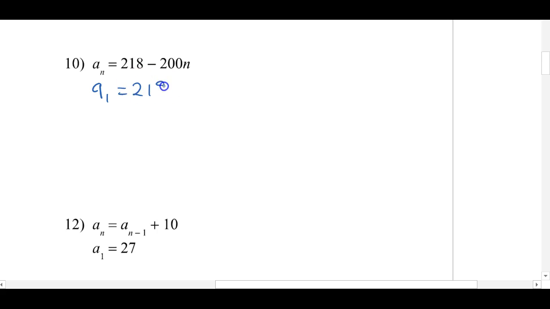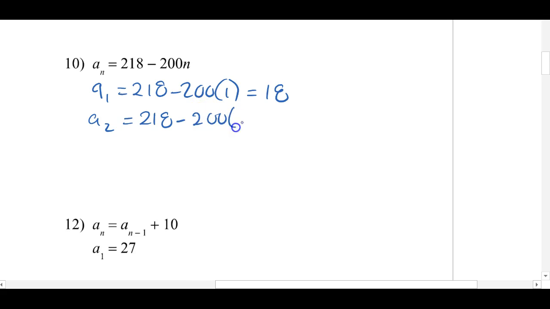Okay, so 218, I want to know the first term. So plug in 1. So really it's just 218 minus 200, which is 18. Okay, and then for term 2, well, this is going down by 200, right? So I think I'll just go ahead and do the math here.